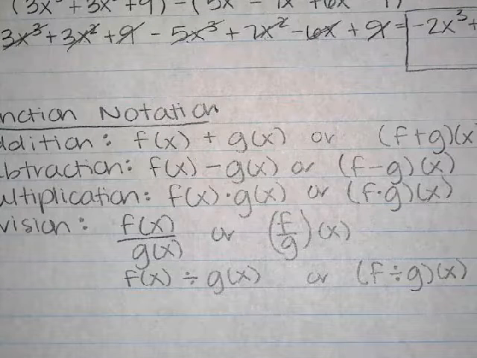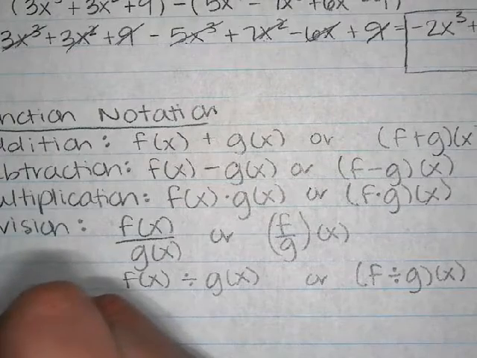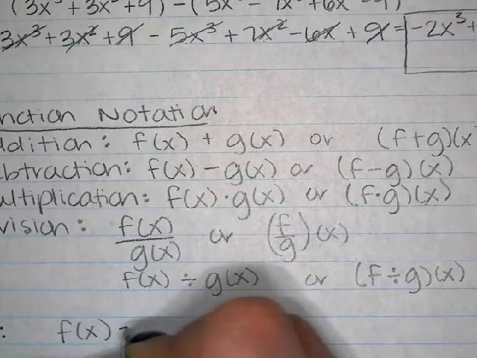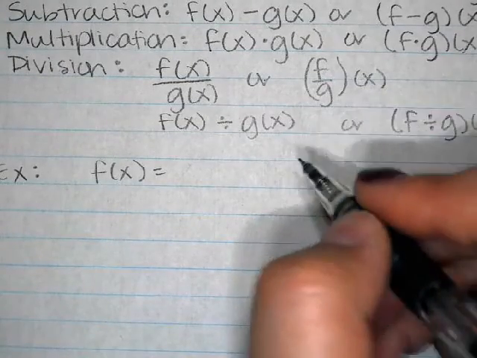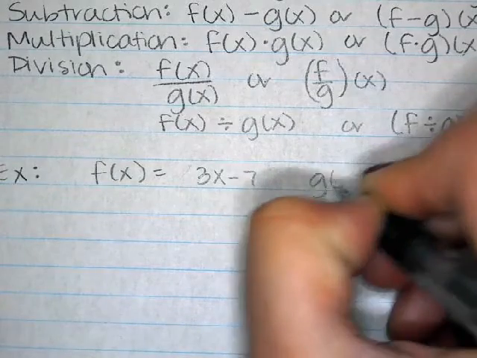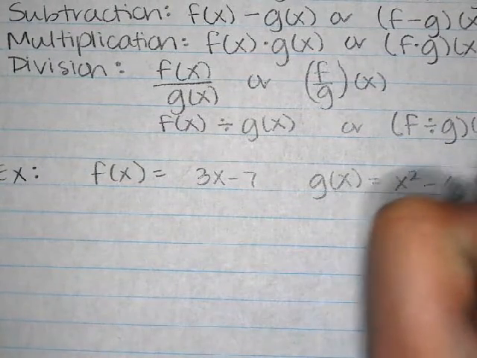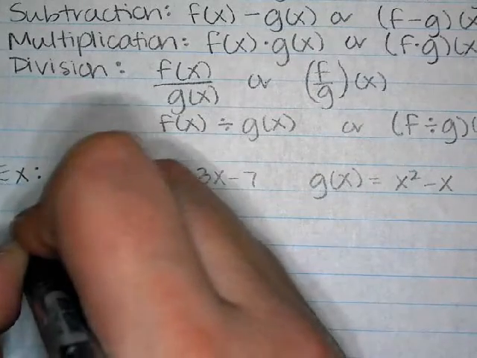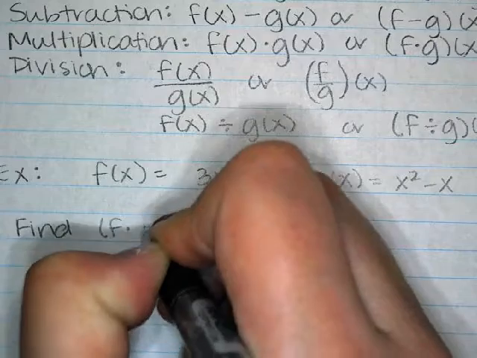So let's say that we had f of x was 3x minus 7, and let's say g of x is x squared minus x. And the instructions said to find f times g of x. Let's say that's what the instructions told us to do.